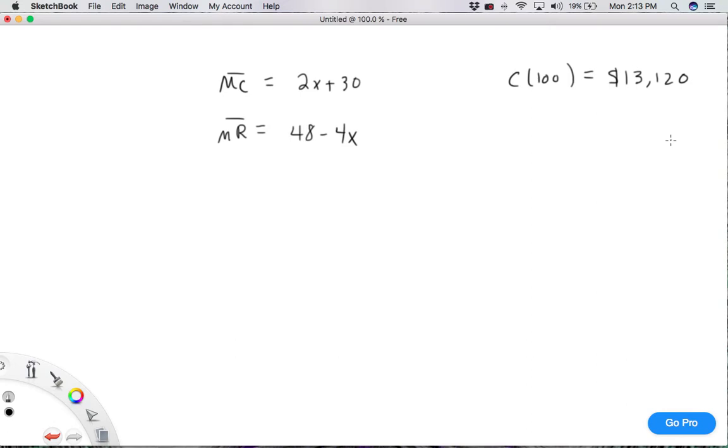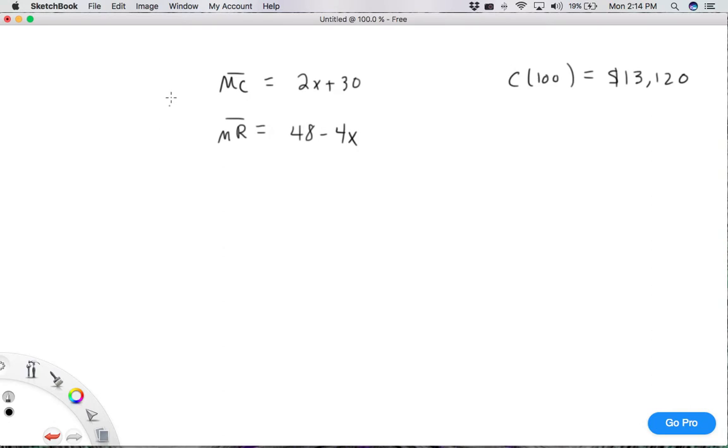So I suspect that this is going to involve some antiderivatives, some integrals. Hopefully you've learned those. I haven't talked to you in a few weeks, so it's possible that you have. So find the optimal level of production.